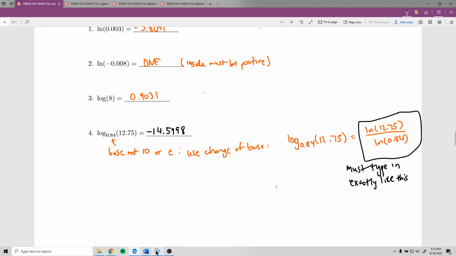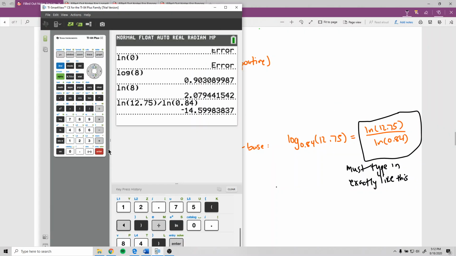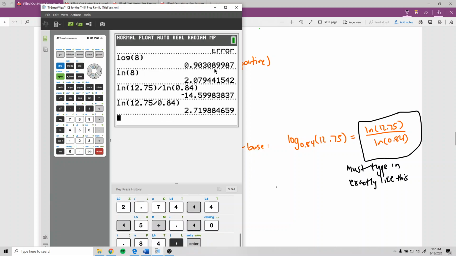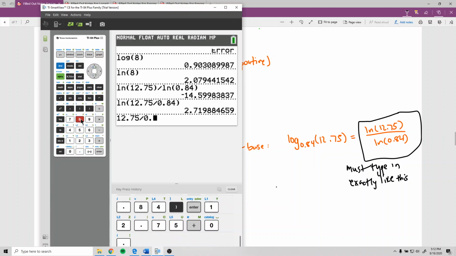Now, like I mentioned, if you type this in another way, it's wrong. If you make it one ln, so ln of 12.75 divided by 0.84, very different number. If you think you can cancel the ln's out, you can't, because if we divide these two numbers, we'll get a very different number as well.